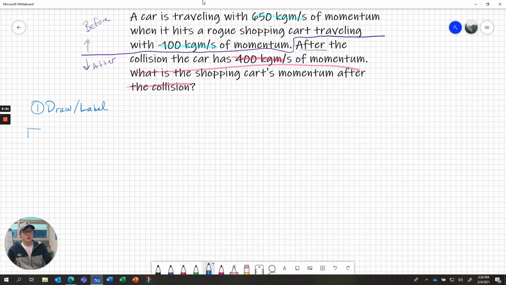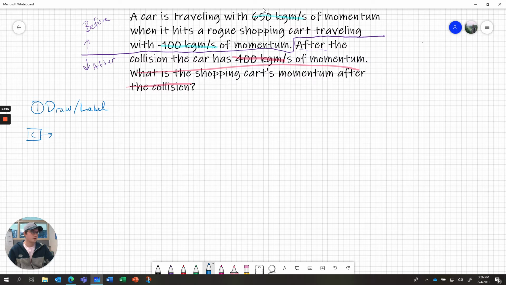I'm going to draw a box and label it C for car. It has a positive momentum. The reason I like to highlight things is that I don't even have to reread the whole problem. I just go back and see, okay, this I highlighted, what is this about? It's about a car. So that's where I got the C. And I'm going to draw an arrow to the right because this is a positive momentum.